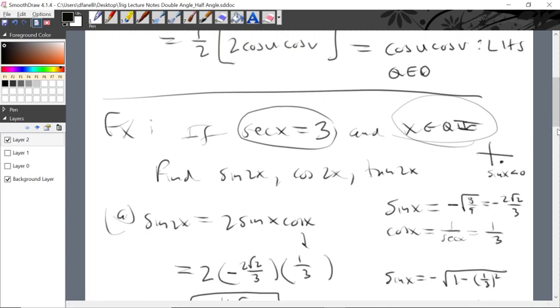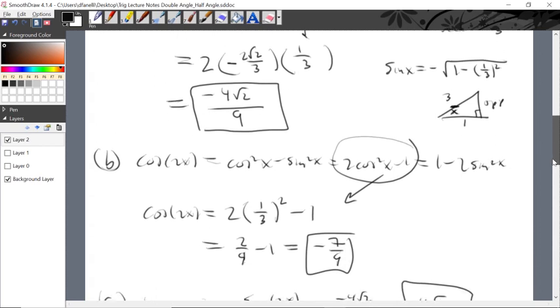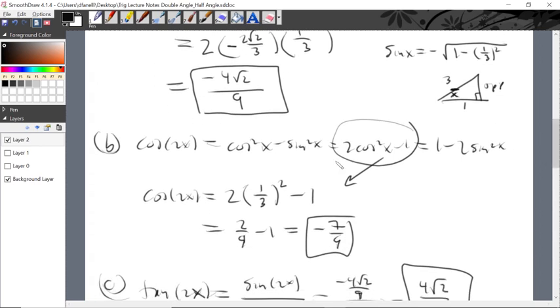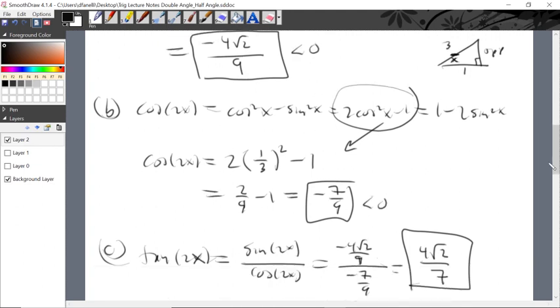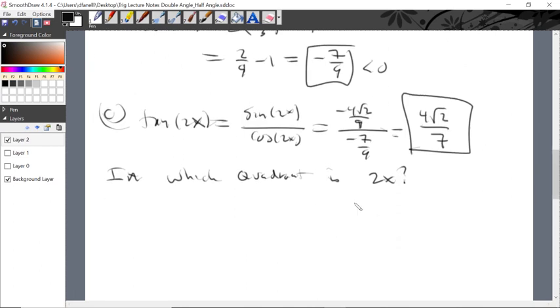But in fact, we can tell what quadrant 2x is in by looking at the signs of sine and cosine. The sine of 2x is negative, the cosine of 2x is negative. Therefore, 2x must be in quadrant 3.